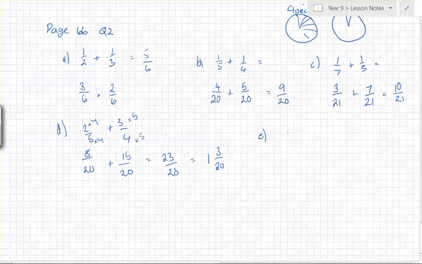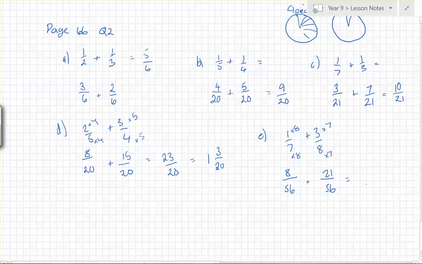E is 1 over 7 plus 3 over 8. Go on, Emily. It would be 56 because 7 times 8. So times 8 would make 8. So times 7, 21. Which would make 13.